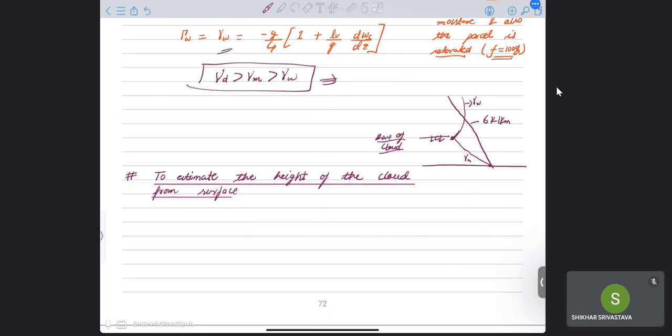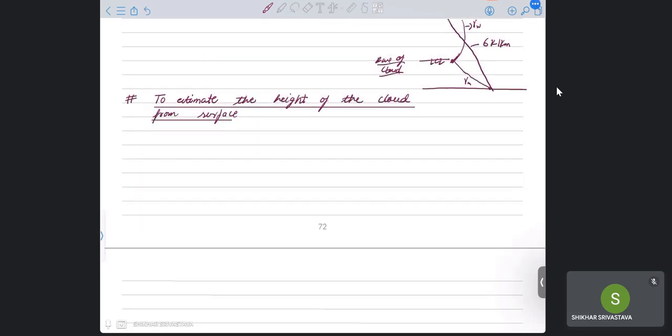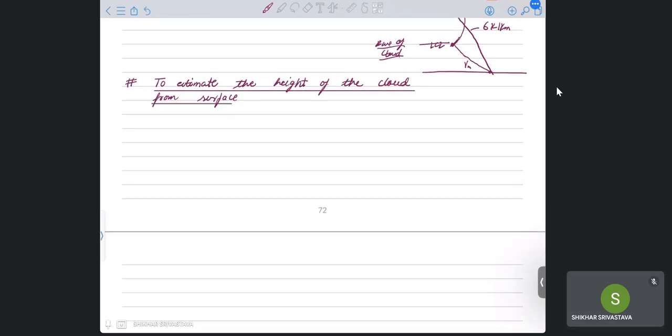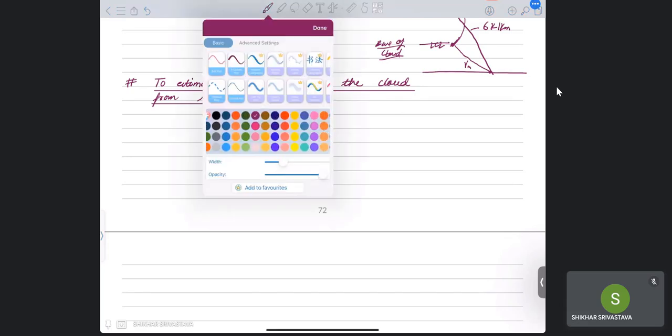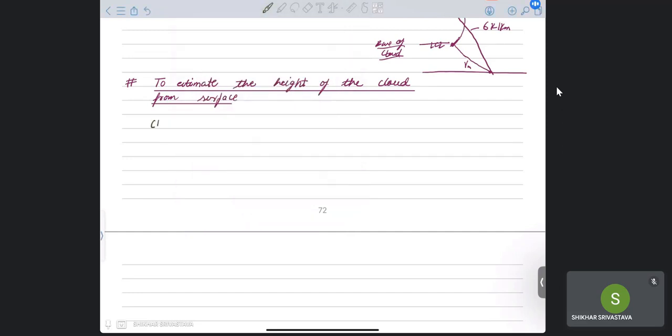Yes, there is a way to do that. So in order to do that, first of all, I will write the very famous equation in thermodynamics, which is called the Clausius Clapeyron equation.